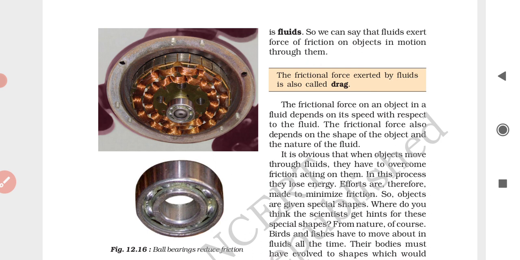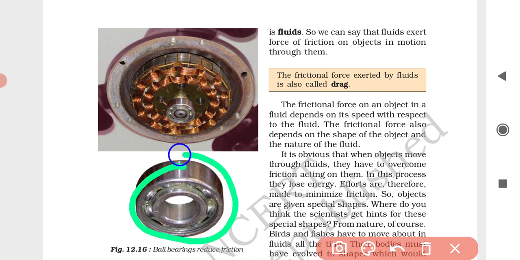A ball bearing is a device which consists of a ring of small metal balls. Over here, in this part, you can see the ball bearings.